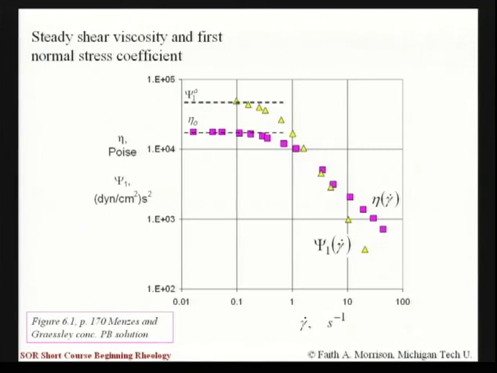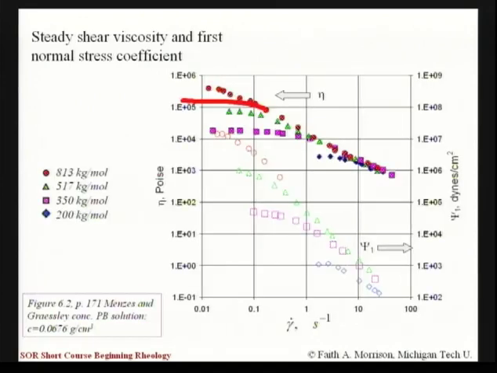If we hadn't divided by gamma dot naught squared, this would be variable up here, right? Because it's coming to a constant. In fact, if I show the next slide, here's some more data. These are more polybutadiene solutions. They're also shear thinning. And they also have non-zero first normal stress differences, all of which come up kind of to a plateau when you define the material function the way we did.